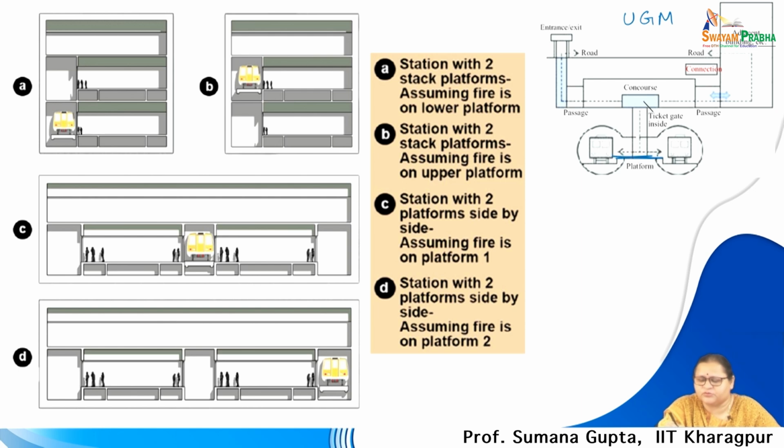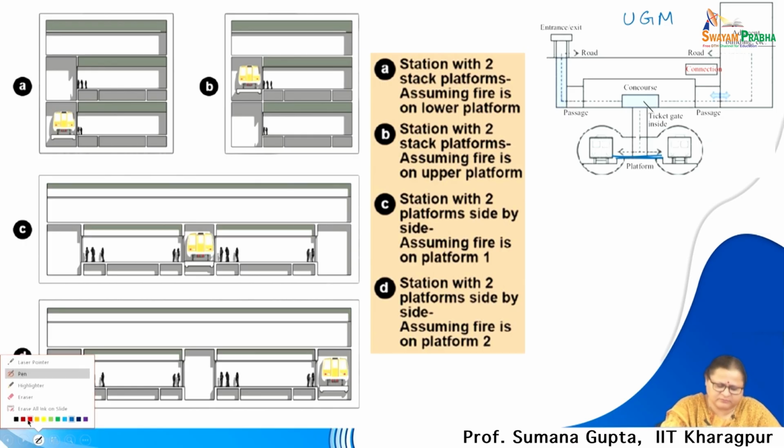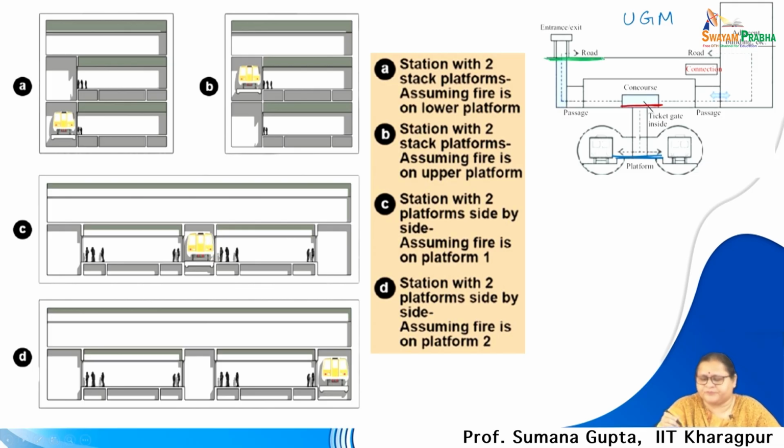So, now you see here is your platform zone, and here you see is your concourse zone, and you may have come here from this road zone. So, this is where you got off from your other mode, came down to this, bought your ticket, came down to this.